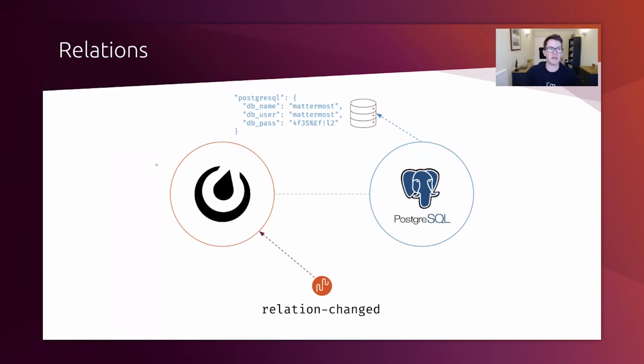It's also worth noting that this is a trivial example, and the more astute amongst you might be asking whether it's a good idea to be setting database credentials in the relation data bag. The answer is it sort of depends on your threat model. They are stored sort of in plain text. The communication is all done over TLS, between the agent and the controller. So the communication itself is encrypted, but the things you're setting in that data bag are not encrypted at rest.